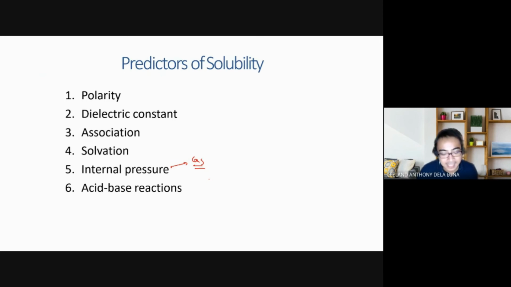Okay? An acid that combines with a base dissolves more because it becomes more water soluble. It actually becomes a salt. Naalala niyo ba how we make salts? Salts, class, is a combination of an acid plus a base. Okay? That's how we make salts. I hope you still remember that in chem.